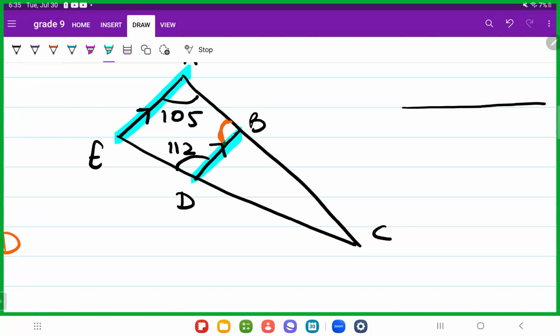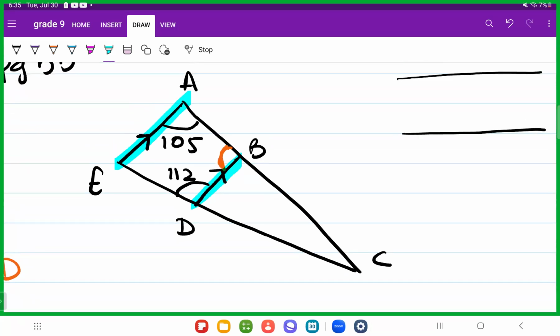If I want to find out this angle, the orange angle, what property can I apply? Co-interior, so 180 minus 112? No, you cannot do 180 minus 112, because that means you're finding out this angle and you do not need this angle.